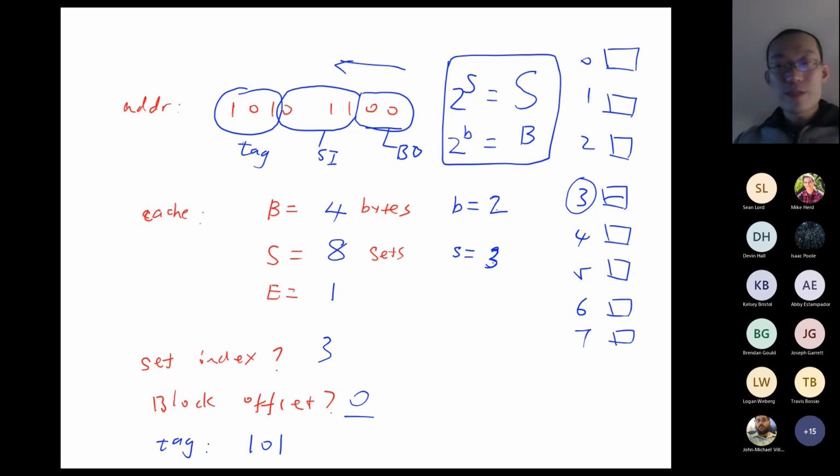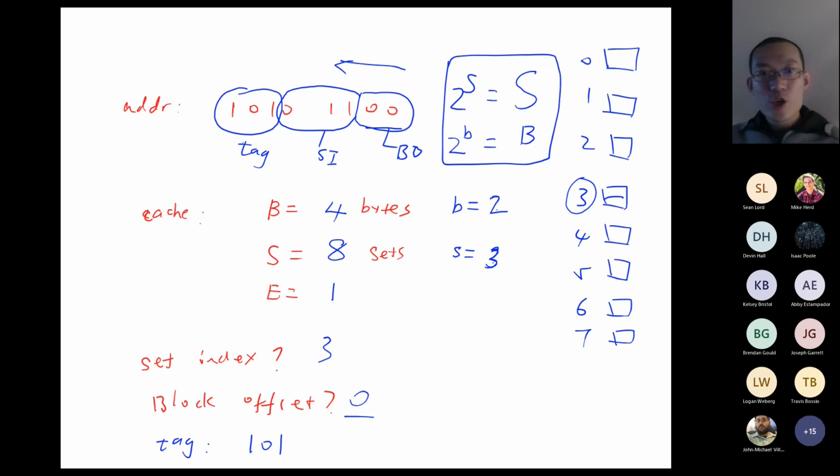So from this example, you can see we use the same address for 2 different caches. And the parameters of the cache decide how many bits we need for the block offset and how many bits for the set index. Finally, the parameters of the cache decide how we partition the address into 3 parts.